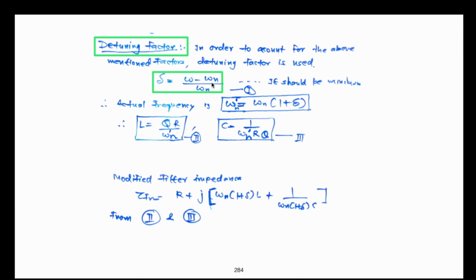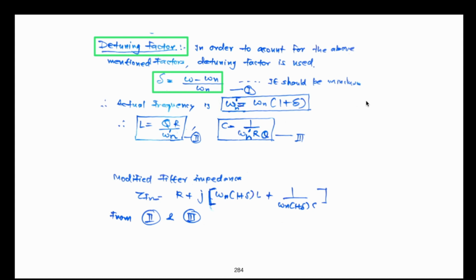The actual frequency is slightly different from the nth harmonic, so delta equals omega minus omega n, upon omega n. This should be minimum. Omega must be equal to omega n, so delta will be equal to 0, and the detuning will be negligible.